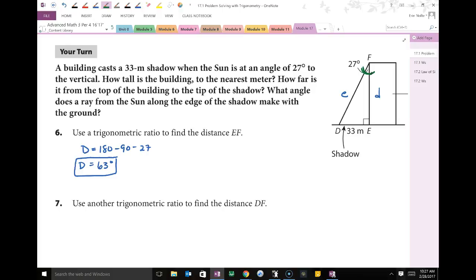Opposite and adjacent. Which trig ratio is opposite and adjacent? Tangent. So the tangent of our angle of 27 degrees is equal to our opposite length, 33, over D.